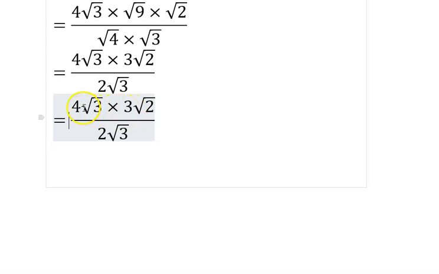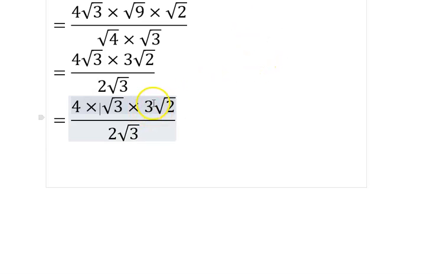Let's just rearrange what we have here. 4 times 3 that we have here. It's just rearrangement times root 3 that we have times root 2. It's just rearrangement. 4 times 3 times root 3 times 2. That's what we have here.